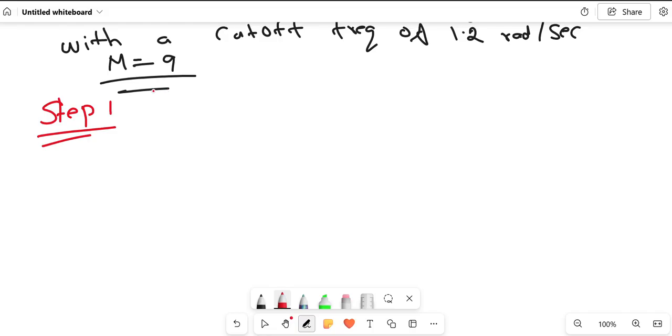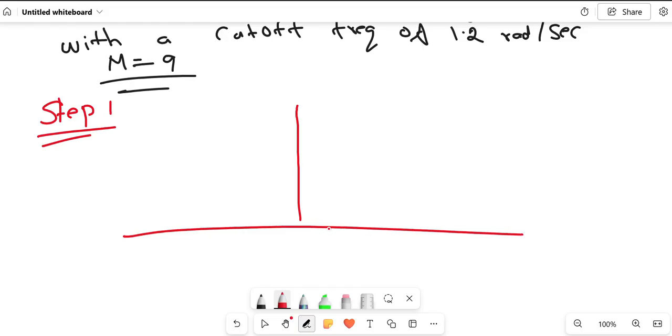It is C into e power minus j omega alpha for the range from minus pi to minus omega c and omega c to pi. First you should draw the desired frequency response of the high pass filter.